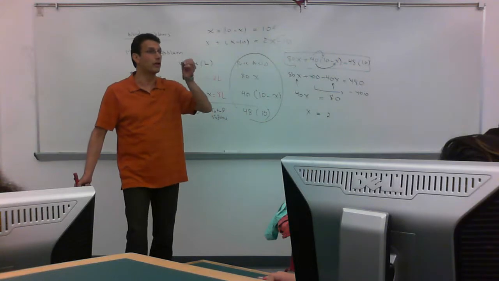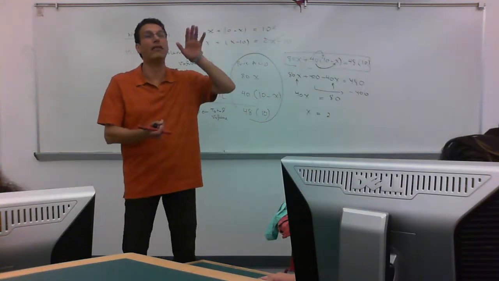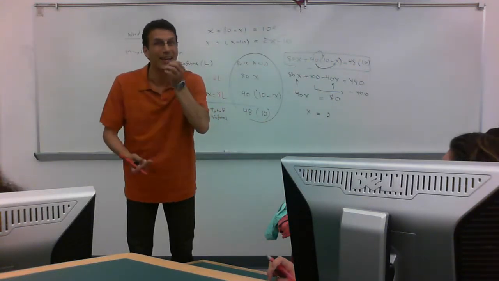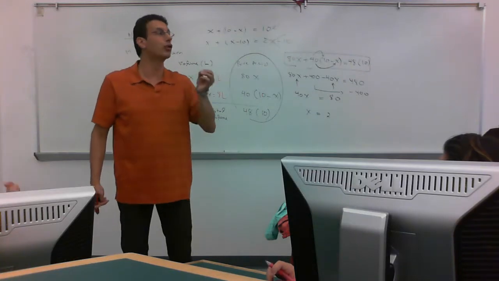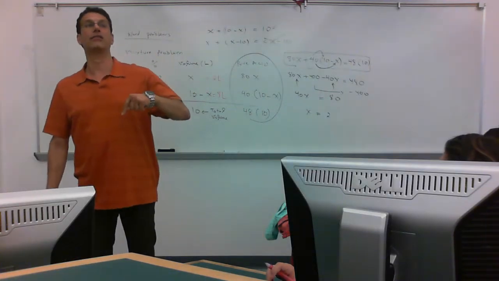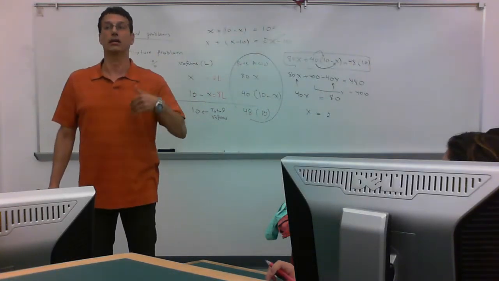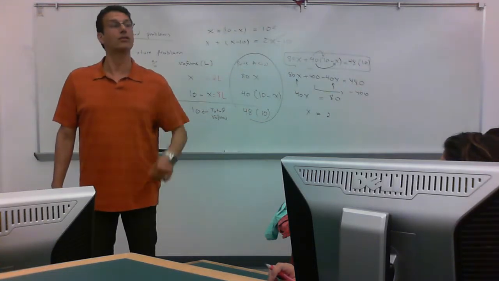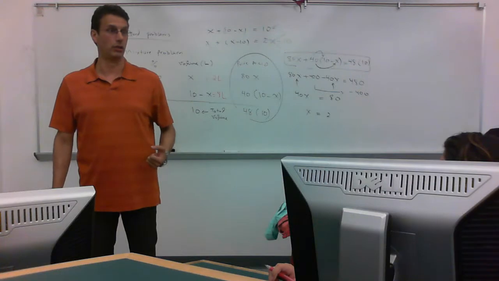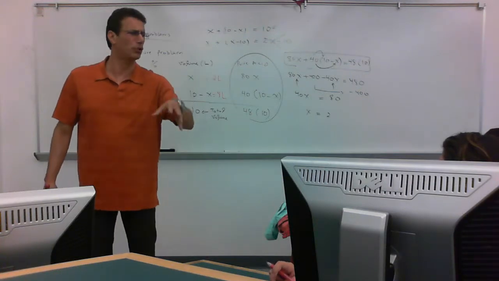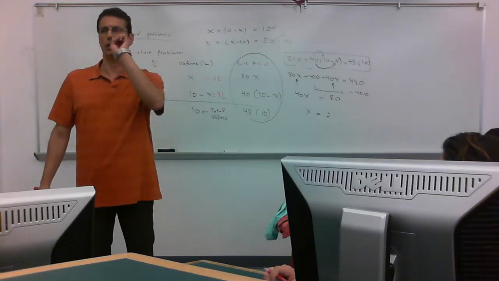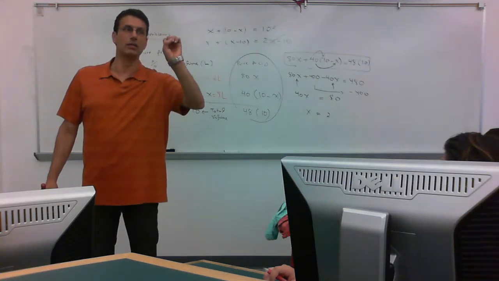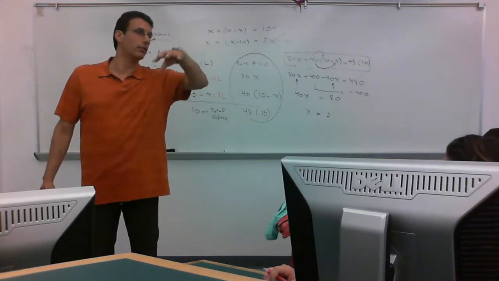Only 30% of it is pure. So if I have a total of 100 liters, 30 liters is pure acid, and the other 70 liters is not acid, and by the way, it's water. So that's the meaning of concentration when we look at pure acid, pure alcohol, or you name it. The pure amount is acid, and the rest is water.